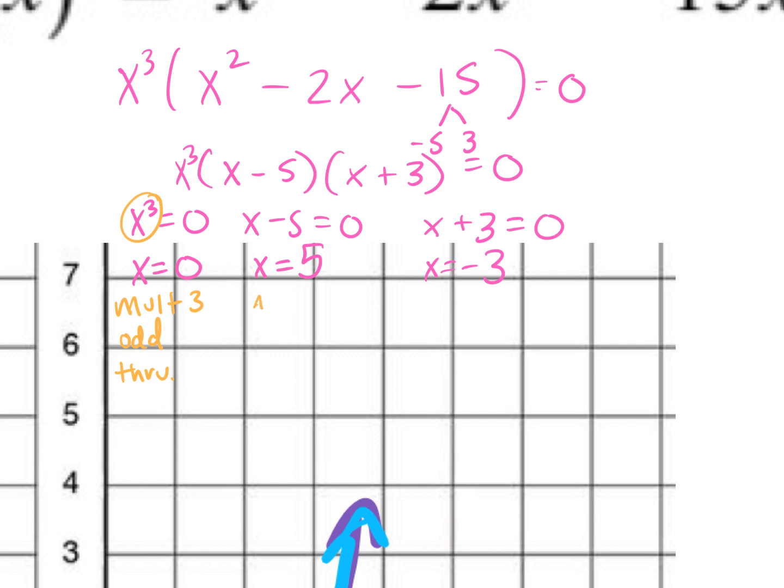So my multiplicity is 1. Is 1 even or odd? Odd. So am I going to touch and turn or go through? Go through. How many x is equal to negative 3's do I have? 1. So I have multiplicity of 1. Is 1 even or odd? Odd. Do I touch and turn or go through when it's odd? Through. So all of my points I'm going to go through.